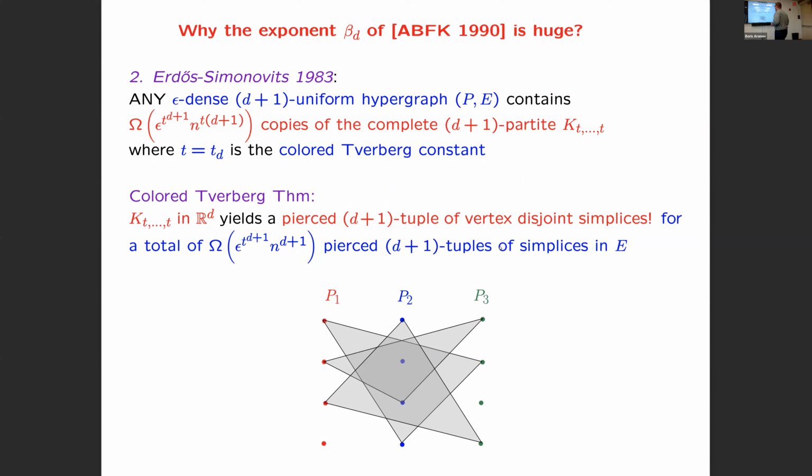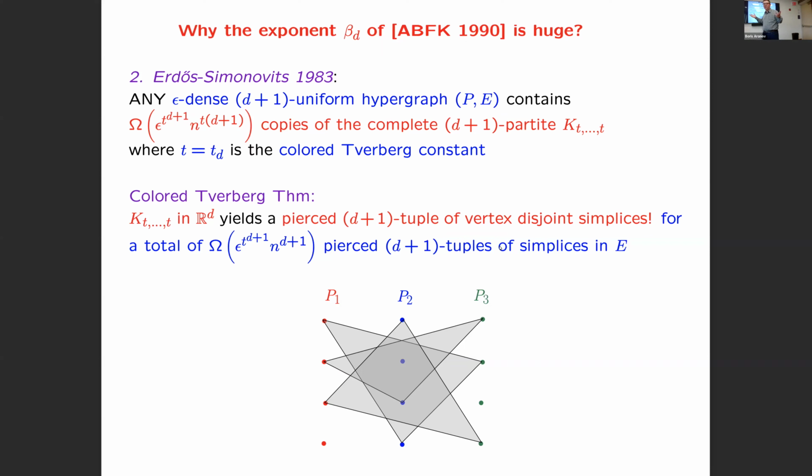Another ingredient behind the previous bound was the so-called Erdős-Simonovits theorem, which was a completely combinatorial, non-geometric result, which said that if you have a dense hypergraph, say a d plus 1 uniform hypergraph, but it works for any uniformity parameter, then you have many copies of a complete multipartite hypergraph of size t, where t is convenient.